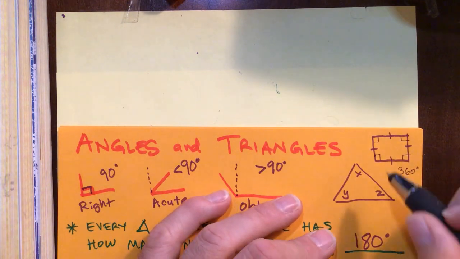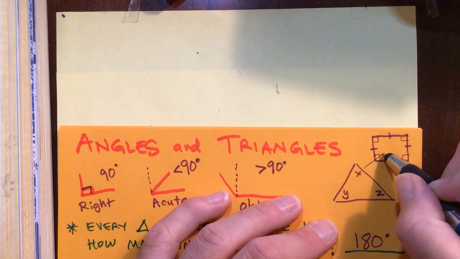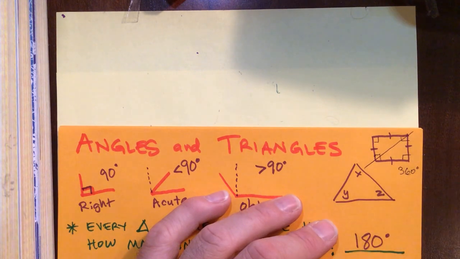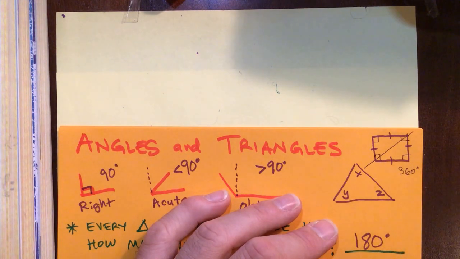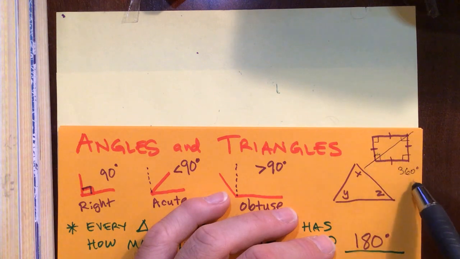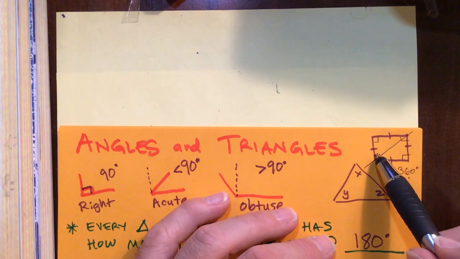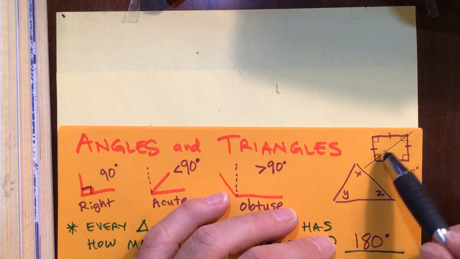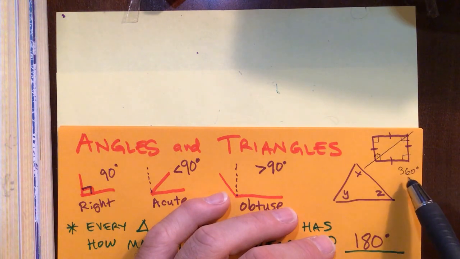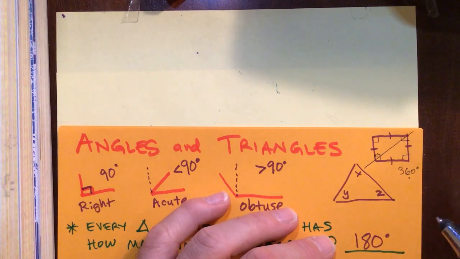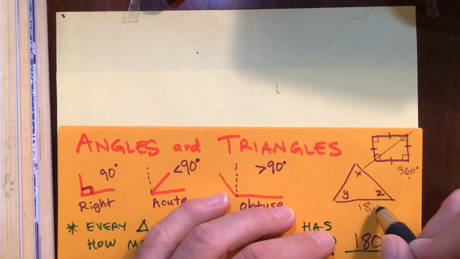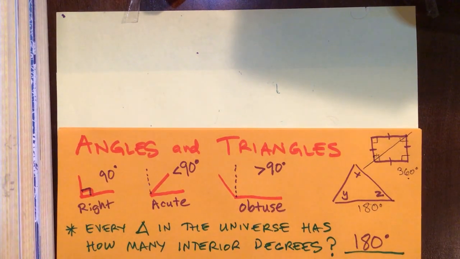But if I slice a triangle out of it, or I slice the square in half, same goes for any rectangle, a rectangle has 4 right angles, you're going to end up with half of that 360 degrees. What's half of 360 degrees? 180 degrees. So you can work backwards and figure that out.